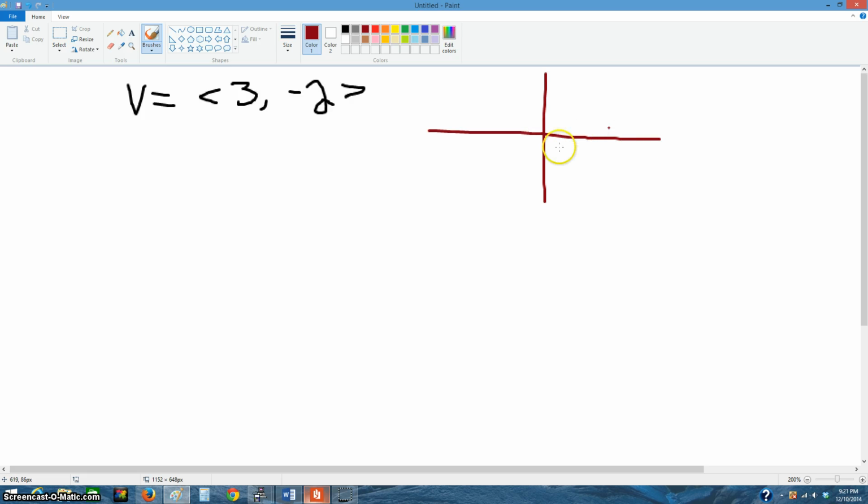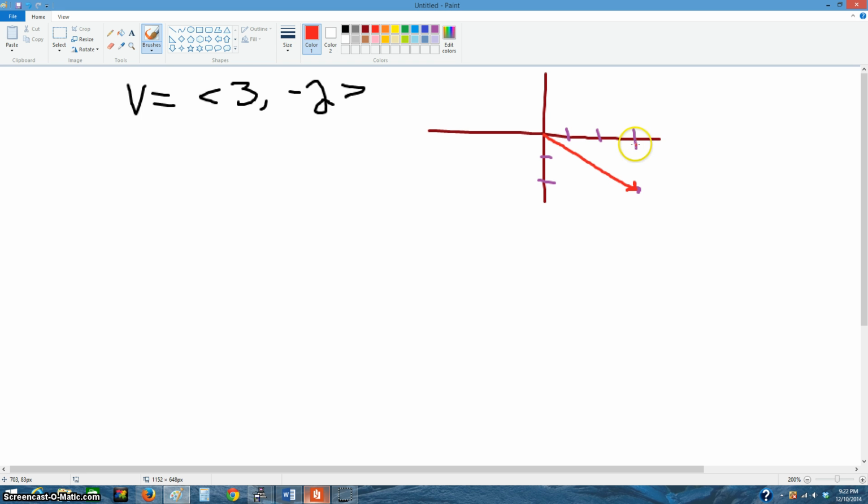Okay, so now direction angle, let's basically find where that is on the X and Y axis. So we go 3 over, 1, 2, 3, and then down 2. So it seems like we are in the fourth quadrant right here, and I'm going to stem my vector from the origin.